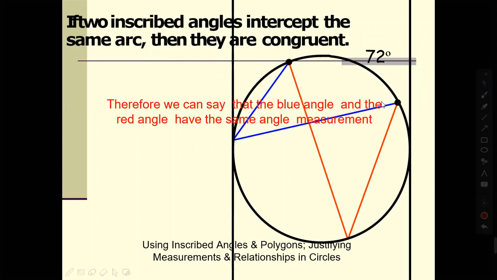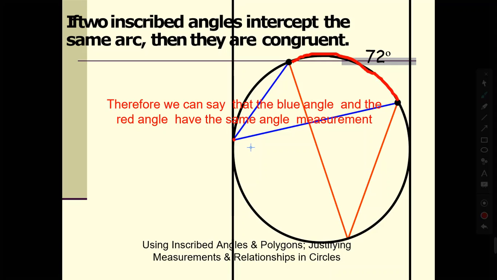Let's keep on moving. If two inscribed angles intercept the same arc, this question happens a lot. Let's see this arc. We can see this is 72 degrees. Is this blue angle an inscribed angle?